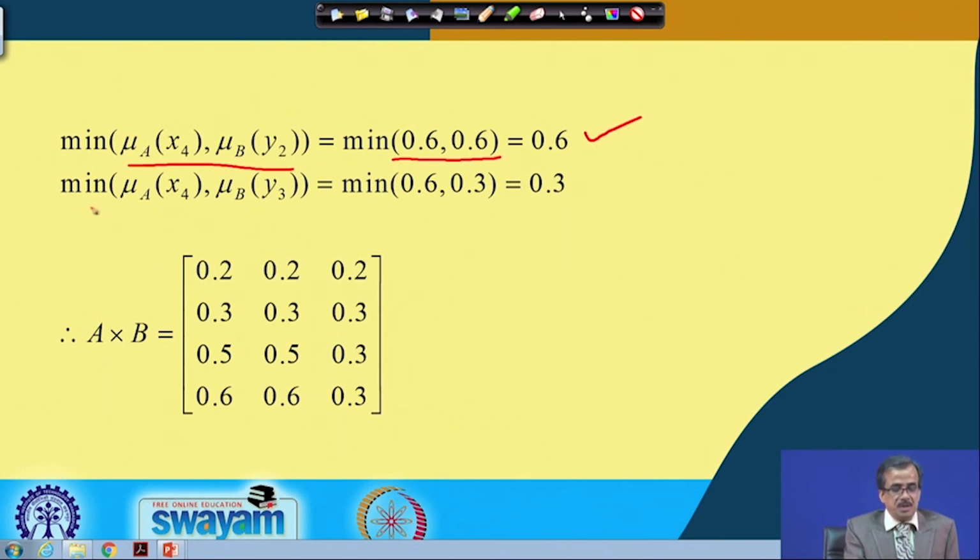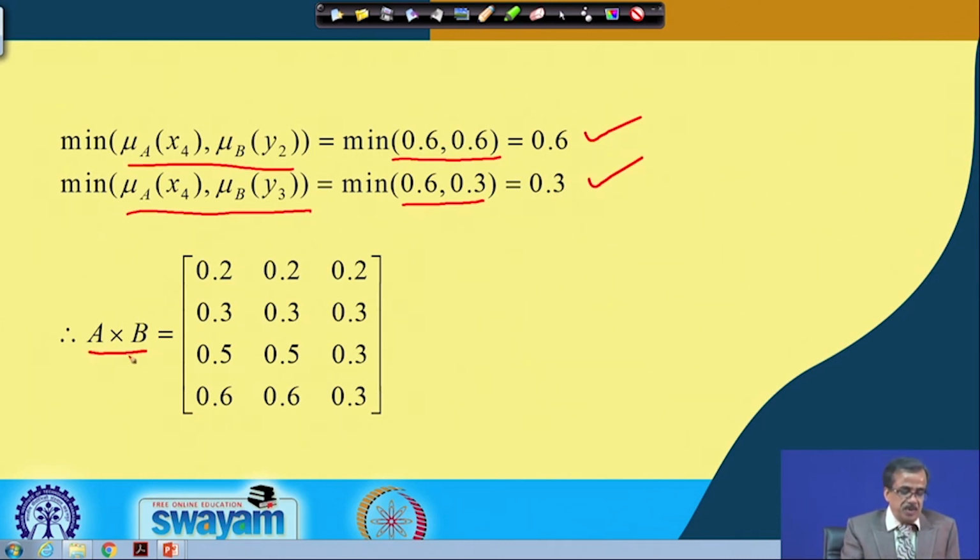Then comes the minimum between mu A(x4) and mu B(y3), the minimum between 0.6 and 0.3, and you will be getting 0.3.